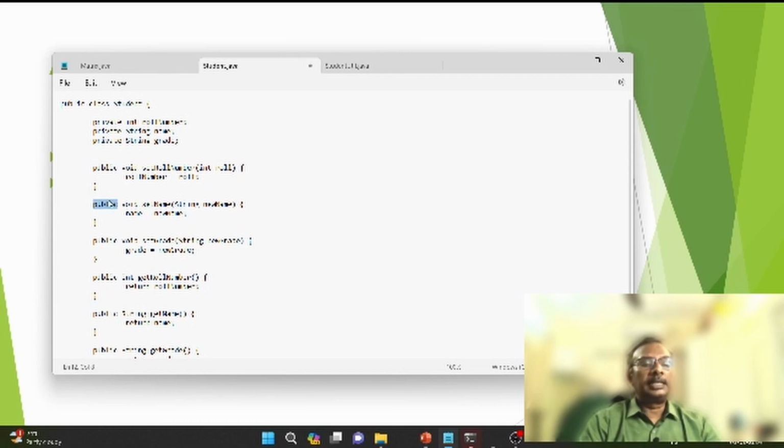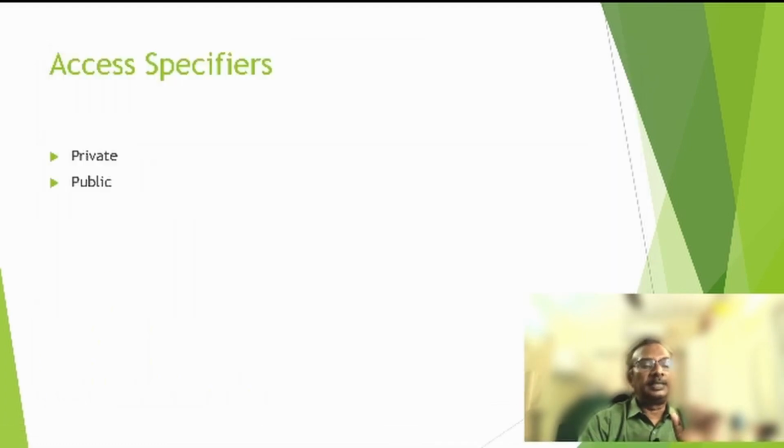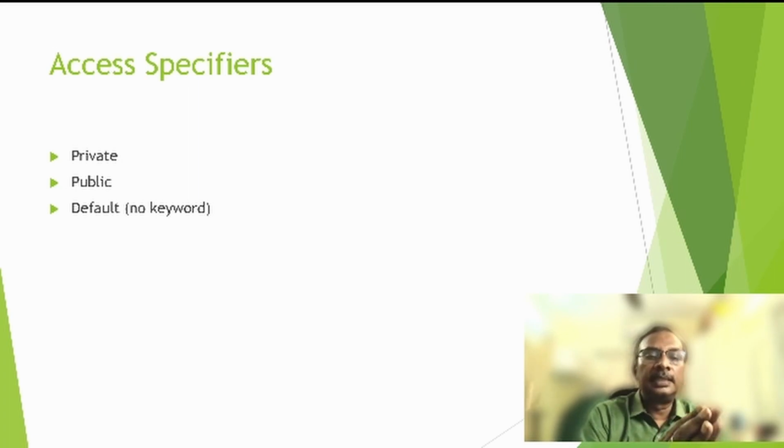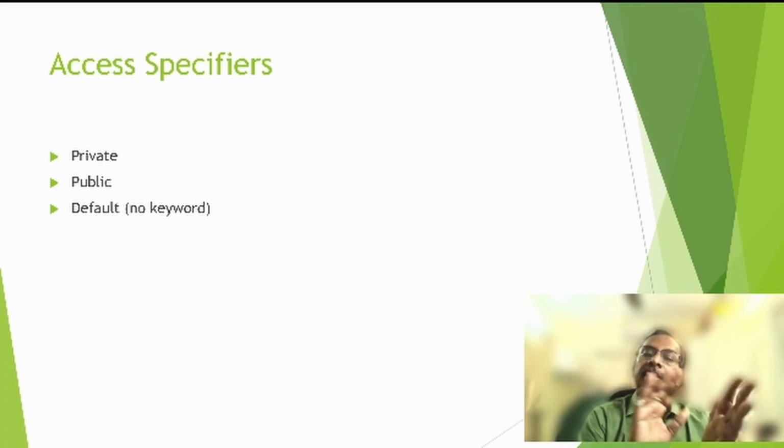What are the other access specifiers we have? Like earlier, I gave one without any keyword, right? So that is one special kind of access specifier, the default access specifier without a keyword. So what does that mean? Private is completely private.